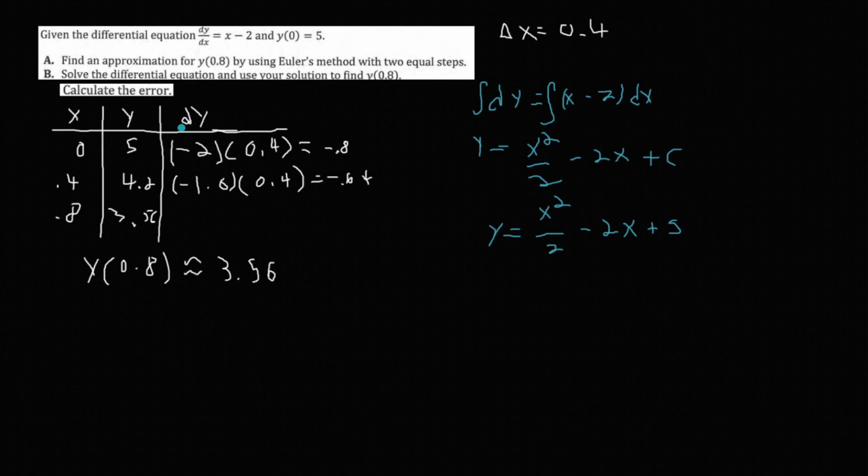And now if we just substitute in our 0.8s here, 0.8 squared by 2, minus 2 times 0.8, plus 5 is 3.72.